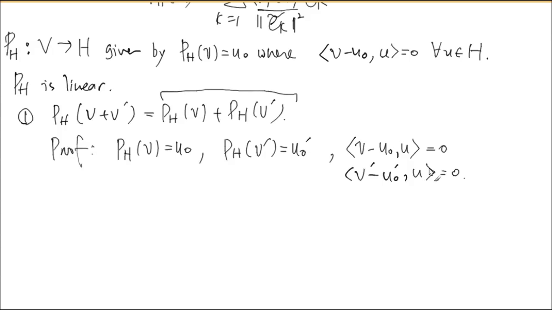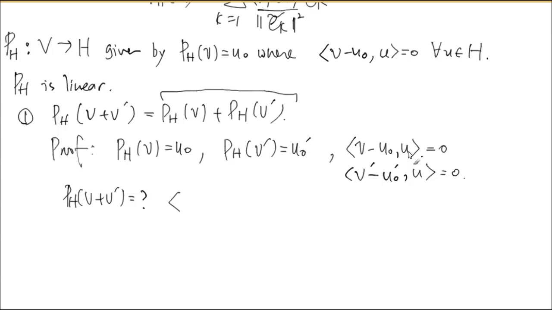So what do you want to do next? It's about the left-hand side, right? It's about V plus V prime, and you want to calculate the orthogonal projection of V plus V prime. Do you see a way to do that, by just having this kind of information in here? What is V plus V prime? Some vector. So how do you pull out V plus V prime from this condition? Add them both? Yeah.